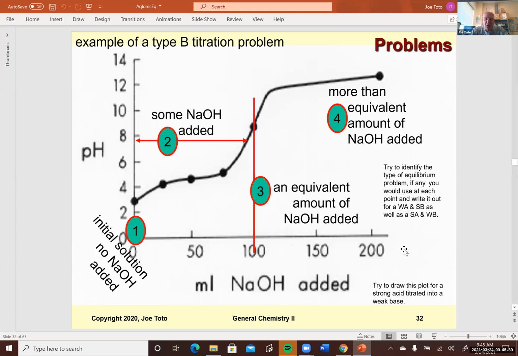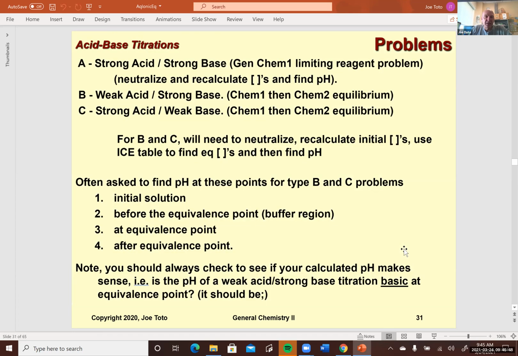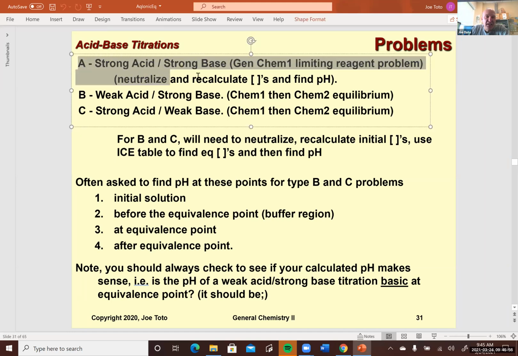And this is where we left off yesterday. We were talking about titrations and titration problems. So just to refresh your memory, in a titration, we have certain categories of titrations that you're going to need to recognize and deal with. So we have the strong acid, strong base titration. You don't need any ice tables for calculating any of the concentrations and therefore pHs that go along with that.